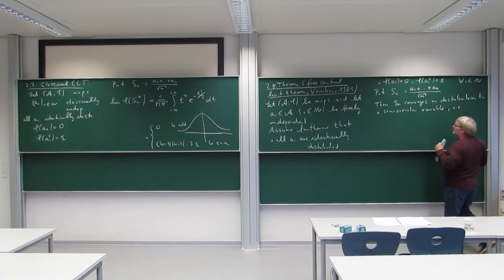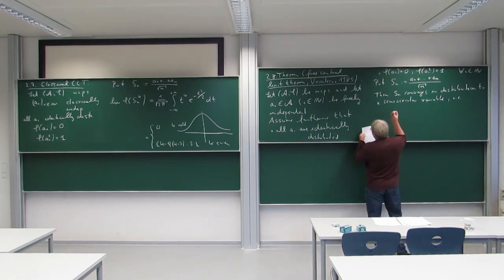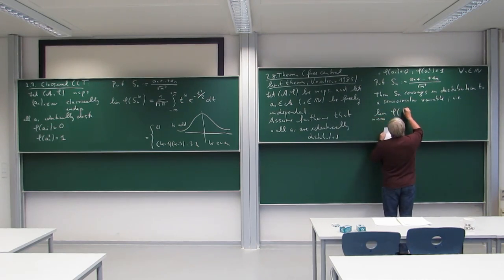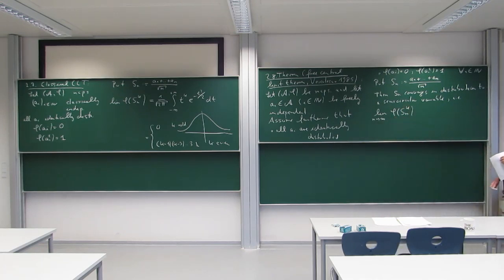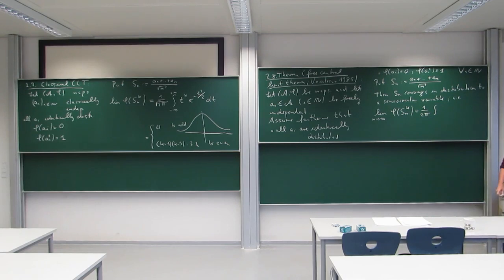This means it converges to a distribution which looks like a semicircle, or maybe some ellipse, but you can write it down explicitly, like in the classical case. So the limit, as n goes to infinity, of phi of S_n to the power k. We're looking at the moments of S_n, so let's say the kth moment, and this in the limit converges to the corresponding kth moment of a probability distribution.